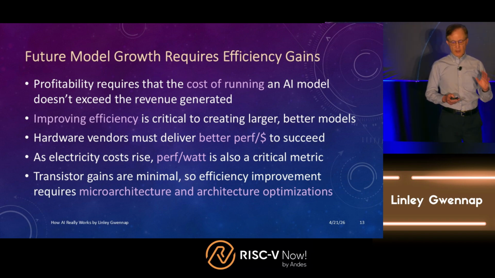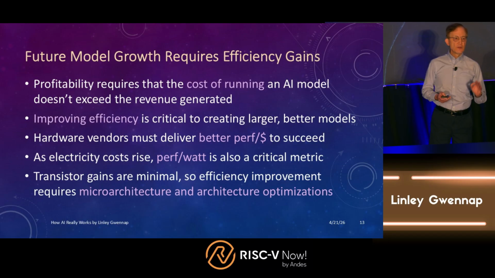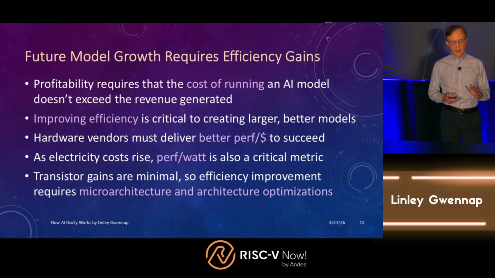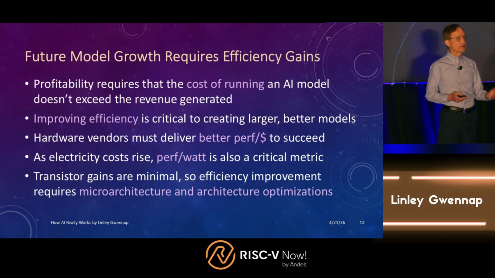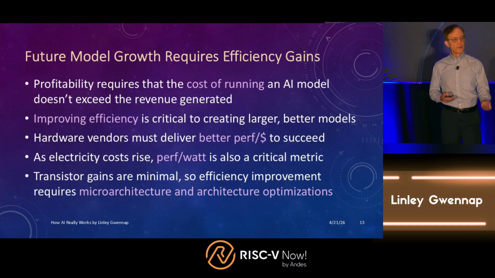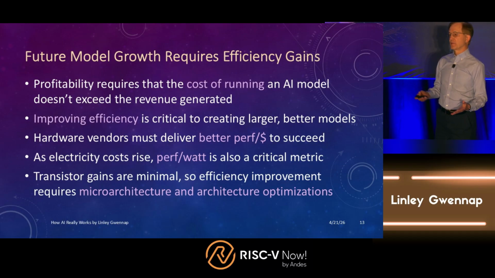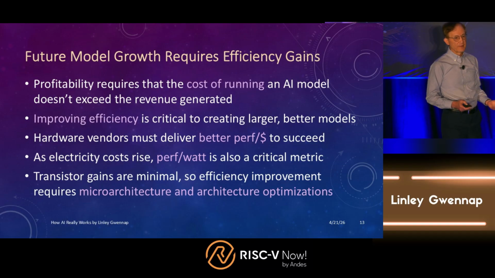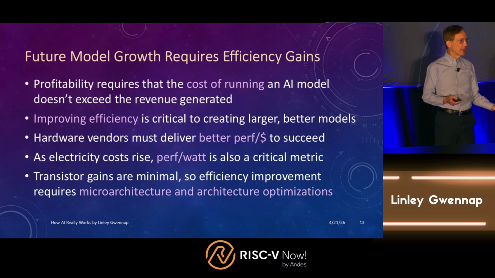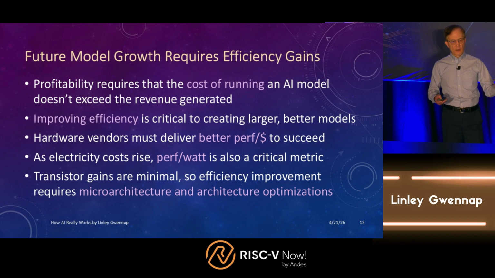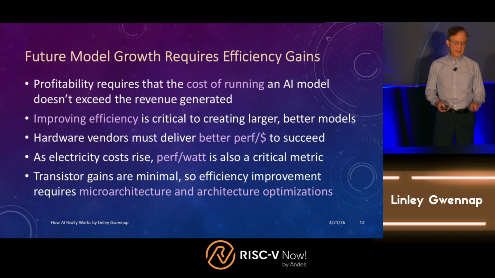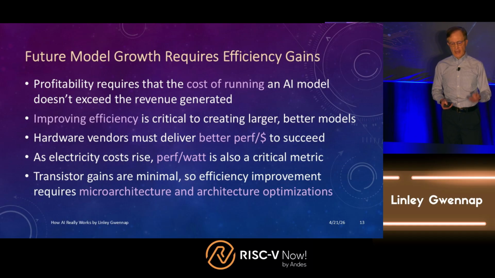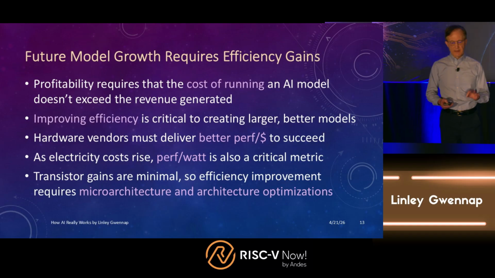So really we're looking at new ways to design the microarchitecture and the architecture of these chips in order to improve the efficiency per watt, the efficiency per dollar. And we're not getting much help from transistor manufacturing. I mean, the new 2 nanometer chips are really not that much more efficient than the 3 nanometer chips or the 4 nanometer chips. So where we used to get a free ride from Moore's Law, that seems to be kind of over. And so again, the focus is really on the chip design itself and how we can make these chips more efficient.